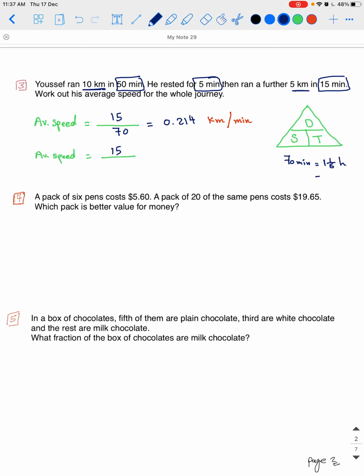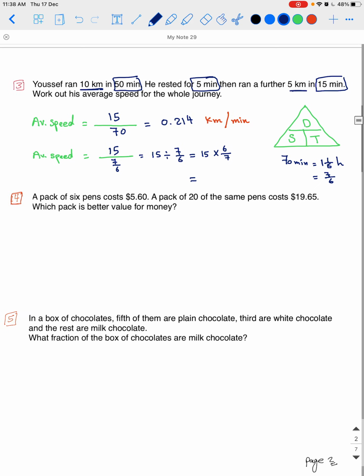Convert it into a fraction. 1 multiplied by 6 equals 6 plus 1 equals 7 over 6. So I will divide by 7 over 6. It will be written like this: 15 divided by 7 over 6. And of course, you know how to answer this one. It will be 15 multiplied by 6 over 7.